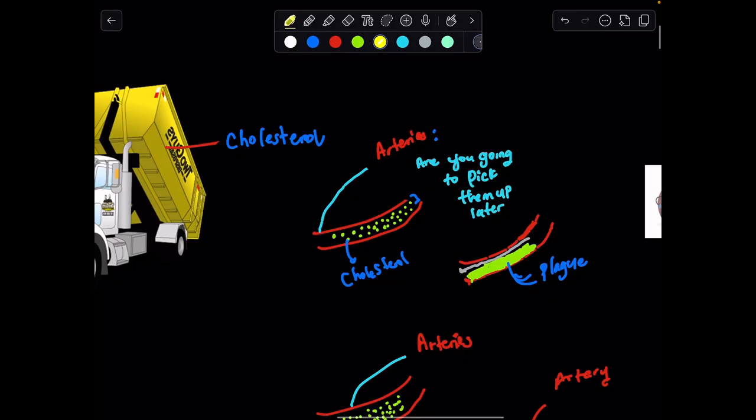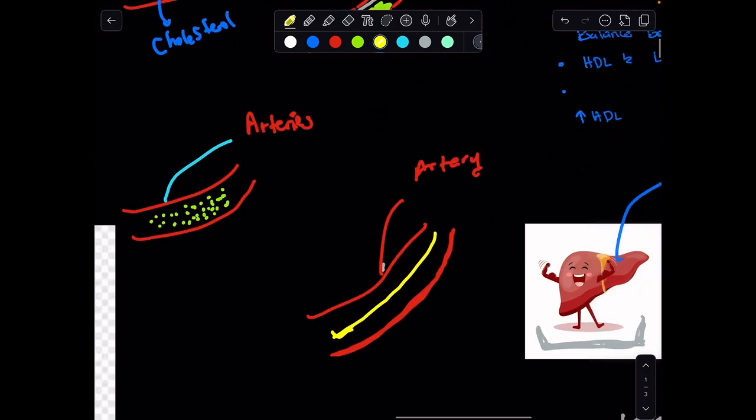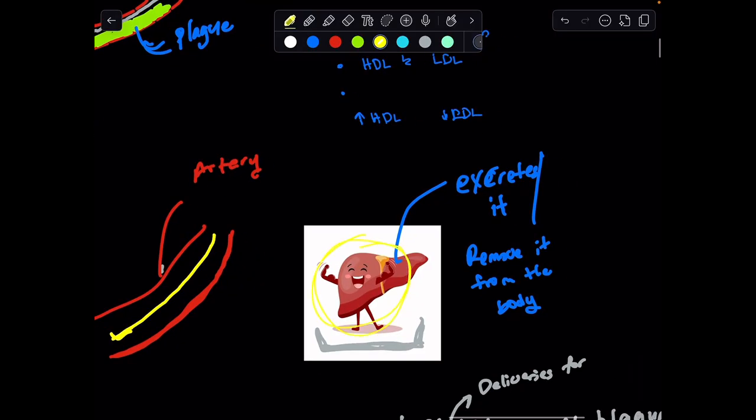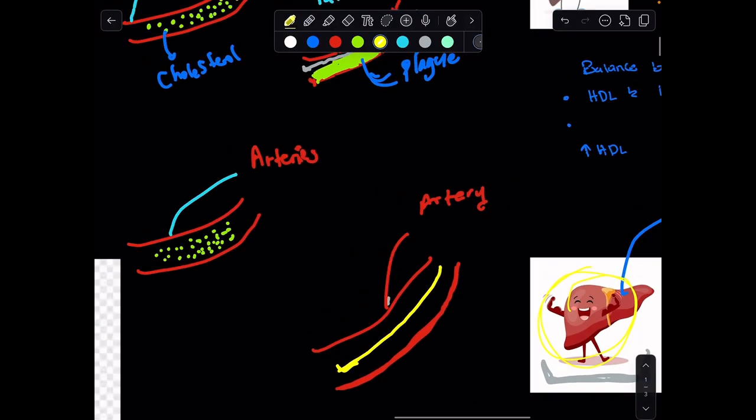We need a balance between helpful Lucy and lazy Lucy, more helpful and less lazy, because now it gets moved out, right? It's not just staying in the artery. And then helpful Lucy picks it up and takes it where? To the liver. This is very important. Takes it to the liver and the liver drops it off. This is very, very important, guys.